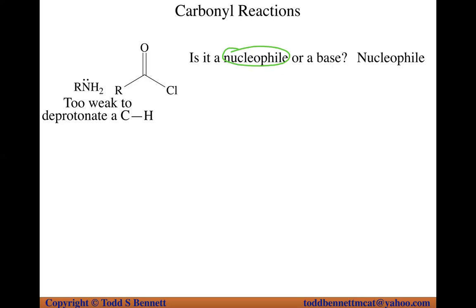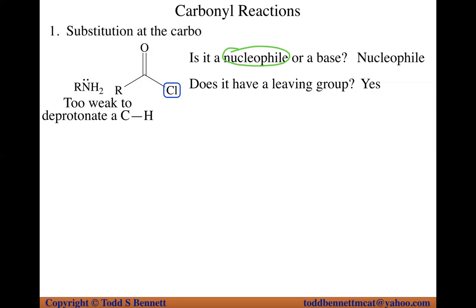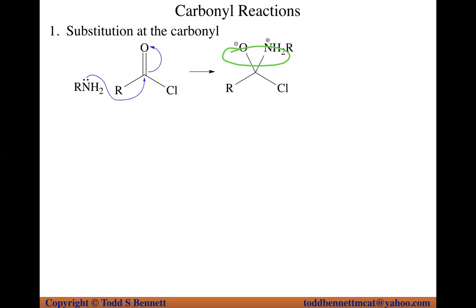Second question, is there a leaving group? Absolutely. Cl is a leaving group. Okay, so because it is not acid-base, it's going to be a nucleophile and it's going to attack. So it's either going to be addition or substitution, and since it has a leaving group, it's substitution of the carbonyl. So here's a sample of how that reaction works.